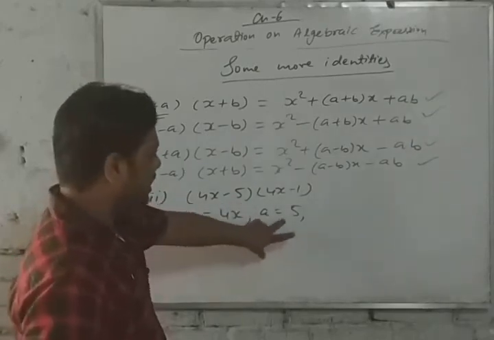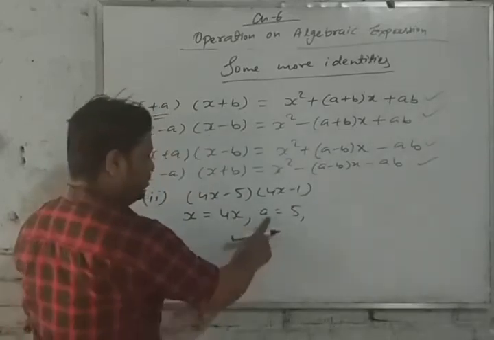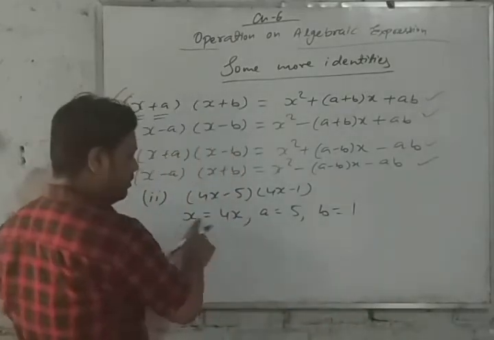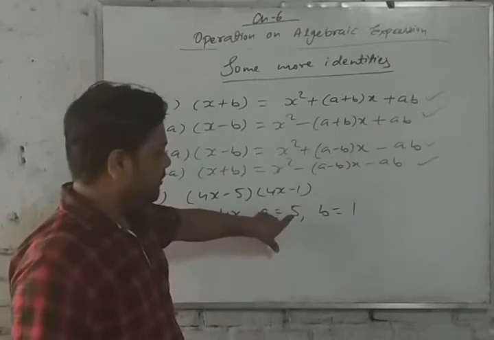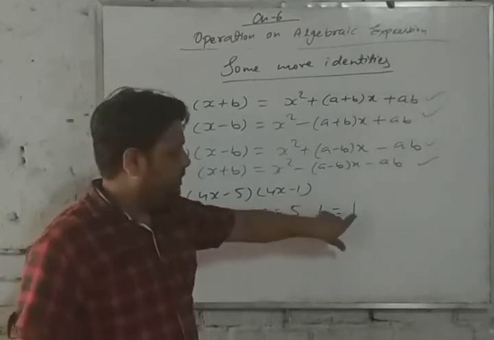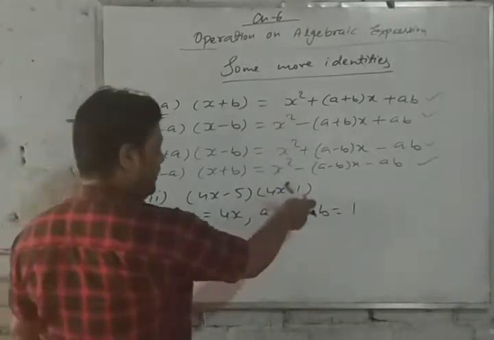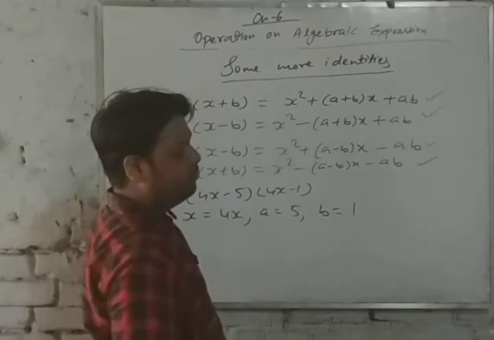We will write only a is equal to 5 because we are using only the identities. So a is equal to 5 and b is equal to 1 only. And x is equal to 4x. That is, in every x we will write 4x, in every a we will write 5 and in every b we will put the value as 1. Okay, and what formula will we apply? Both are minus, that is, the x minus a and x minus b formula we will apply.